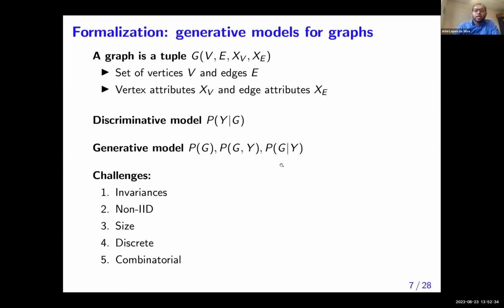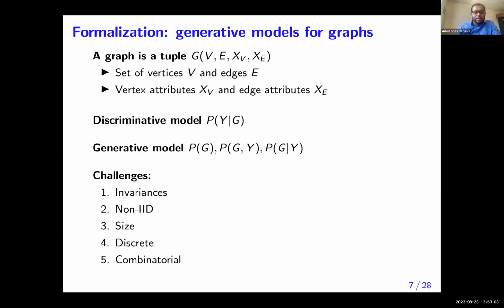And when you're looking at generative models for graphs, there are a few challenges that make it different from generative models for other types of data. One of them, also mentioned in Zia's talk, is invariances. For instance, graphs are rotation invariant, they are permutation invariant. So you want to make sure that when you apply some operation on the graph, some of the properties still remain true.